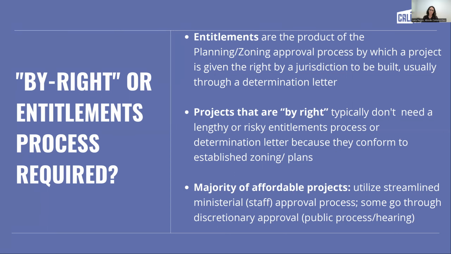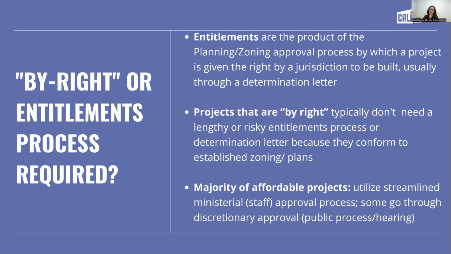These days, most of the affordable housing projects that many of us work on are typically utilizing one of these new streamlined tools where we don't have to go through the more lengthy process, say, like a planning commission process, and that's considered discretionary.